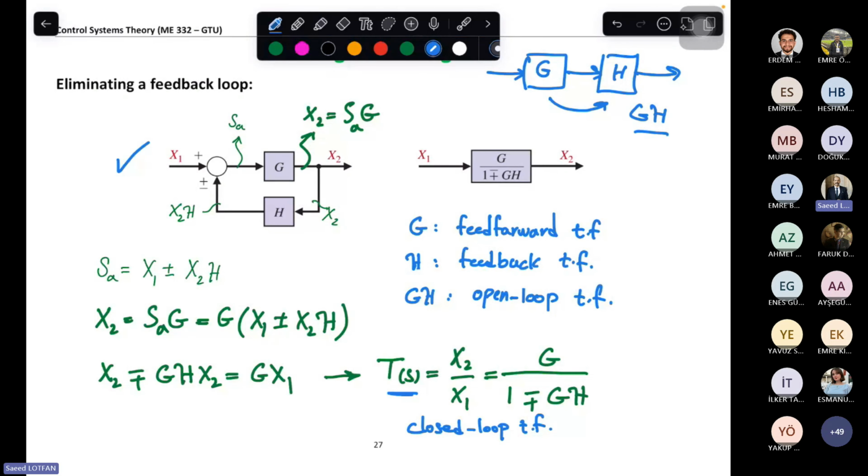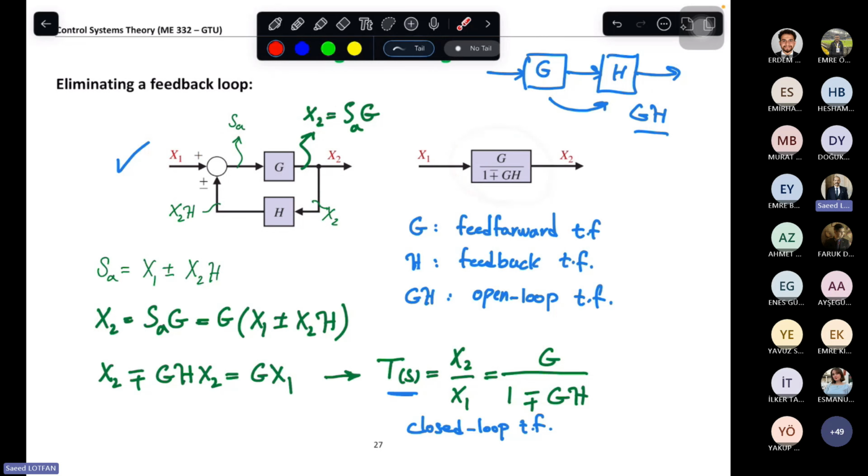From a feedback loop, if we ask for the feed forward transfer function, it's all the transfer functions on here, directly from X1 to X2, from SA directly to X2, let's say. This part is feedback. The open loop is this loop here, GH is the open loop transfer function. And the closed loop transfer function is G over 1 plus minus GH.